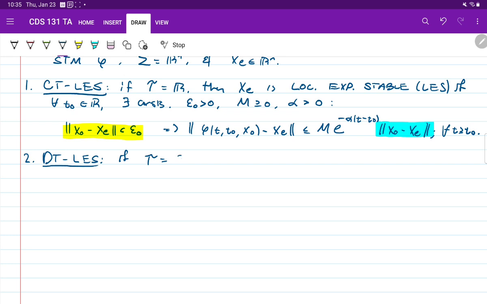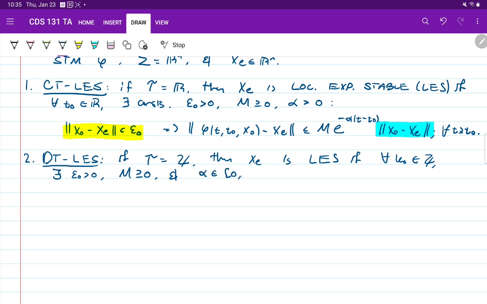If t equals Z, then xe is locally exponentially stable if for all k naught in Z, there exist constants epsilon naught greater than 0, M greater than or equal to 0, now alpha, which belongs to [0, 1), where 0 is included and 1 is excluded, such that the following holds.